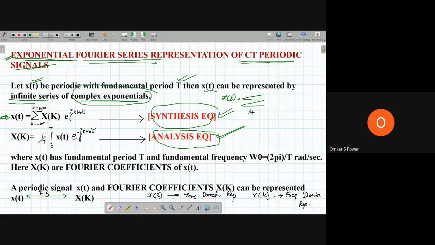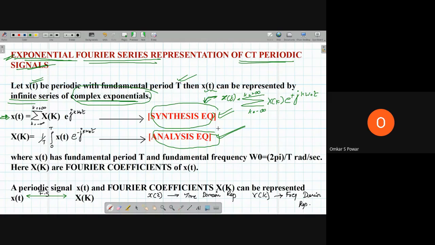Please remember x of t equals the sum over k from minus infinity to infinity of X of k e power plus j k omega naught t. This is helpful in solving problems.